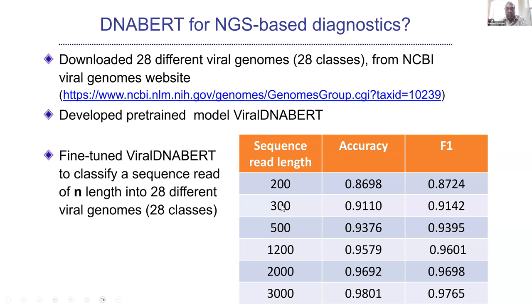A 300 base pair region can give 90% accuracy. So it shows that DNABERT is capturing even closely related viral sequences and predicting very accurately whether a given sequence belongs to one virus or the other.